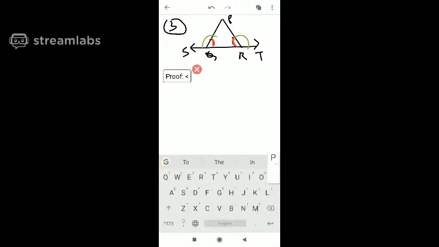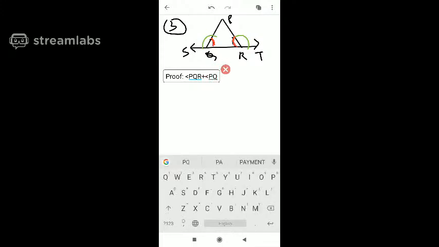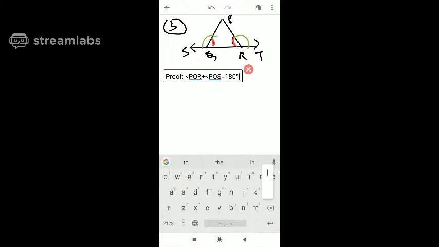Angle PQR plus angle PQS, both are equal to 180 degree. Because linear pair, you can write linear pair here.